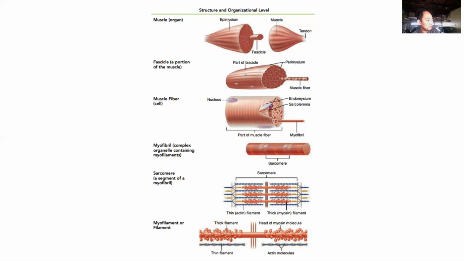Myofibrils group together, packed with sarcolemma, and on top packed with endomysium, that will become a muscle fiber, which is the cell equivalent compared to epithelial tissue.